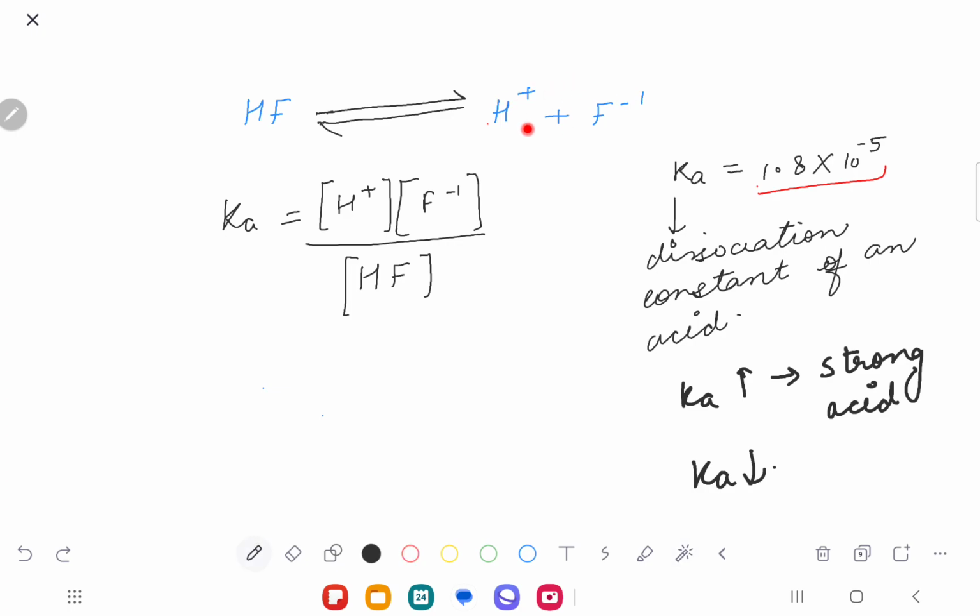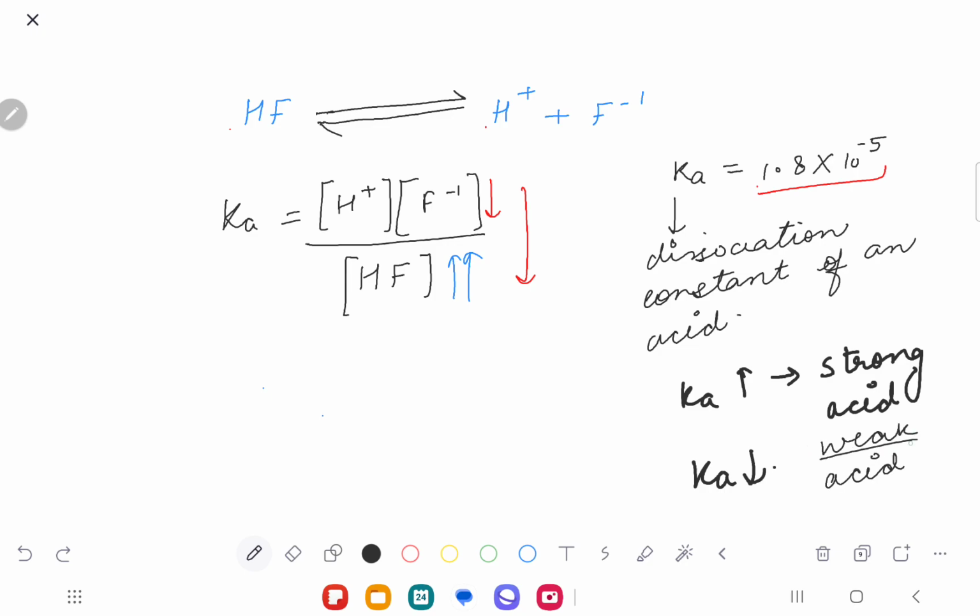That a lot of HF is left behind, undecomposed, and very few H plus and F negative ions are formed. This product is written in the numerator, and this HF is written in the denominator. That means the value of Ka is less because the numerator is small and the denominator is very high. And a lesser value of Ka indicates a weak acid.